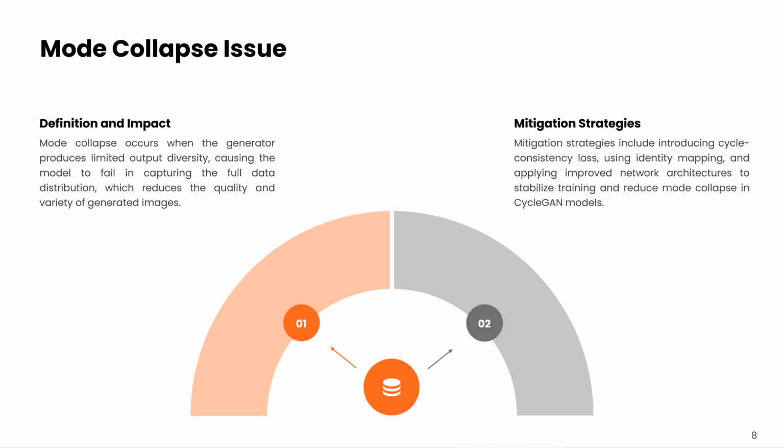Mini-batch discrimination allows the discriminator to compare multiple samples jointly, discouraging sameness. Mode-seeking losses explicitly reward diverse outputs for a given input. Perceptual or content-preserving losses, for example a VGG-based perceptual loss, can be combined with cycle consistency to maintain semantics while relaxing low-level sameness, helping the model explore a broader space of plausible translations.